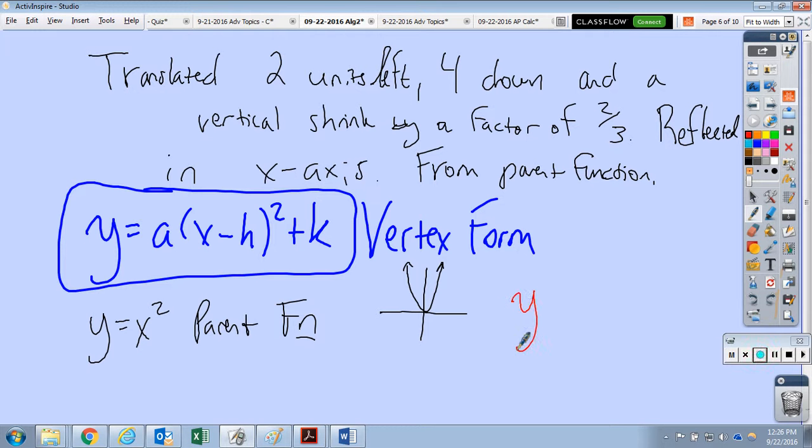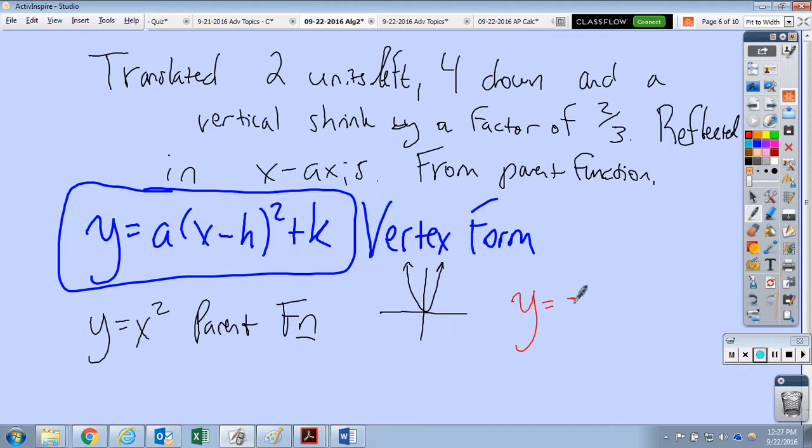So y equals, okay, so A, what does A deal with? Reflection. If something is reflected in the x-axis from the parent function, what does that tell us? Negative. Okay, so it's negative. And what else does A tell us?